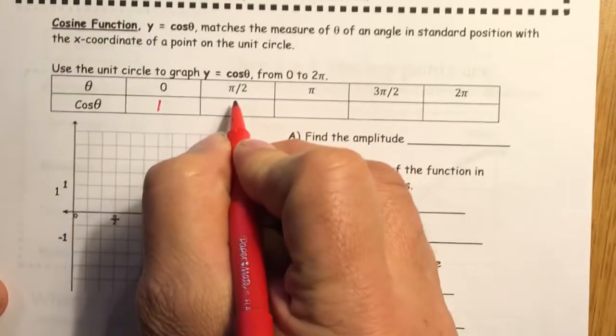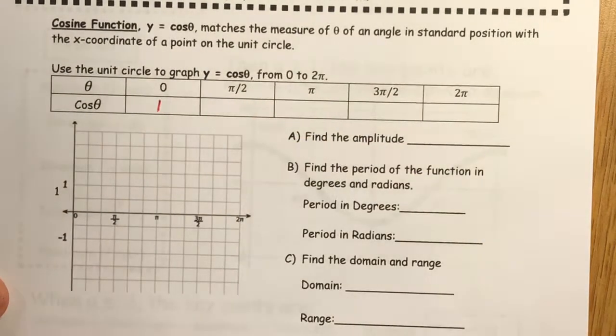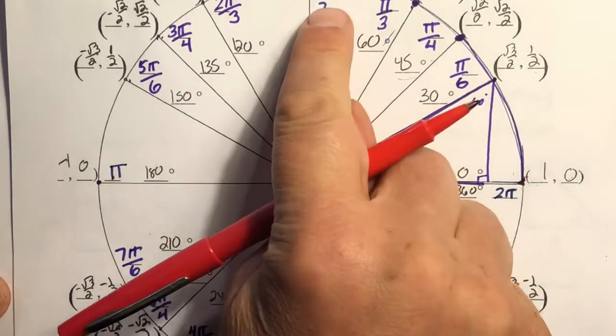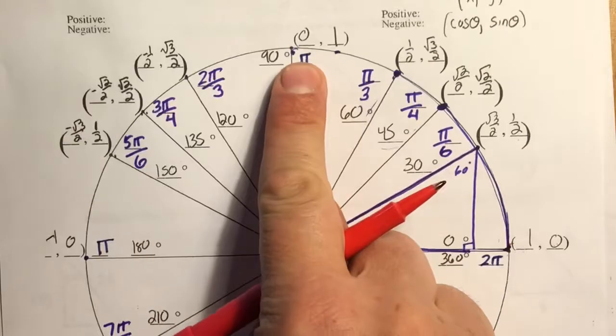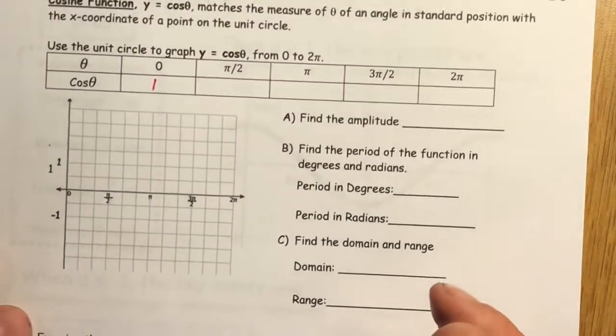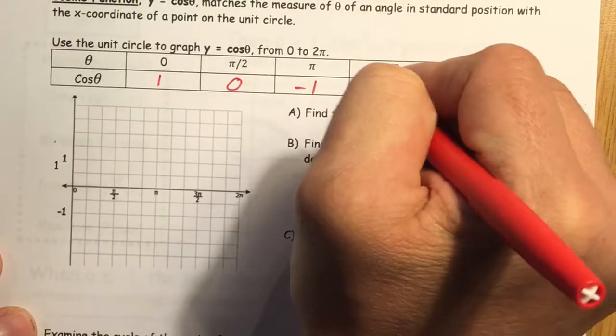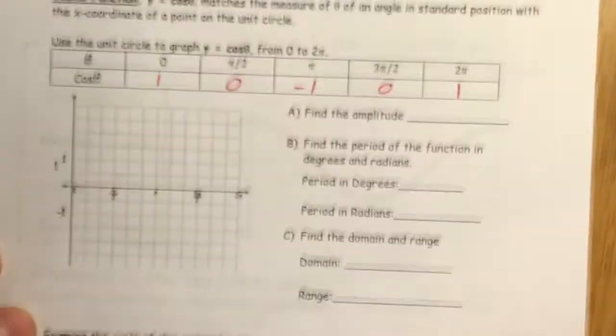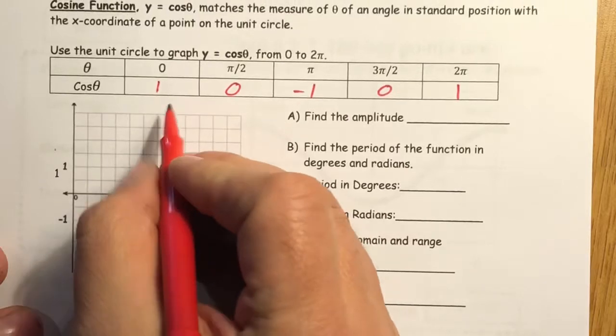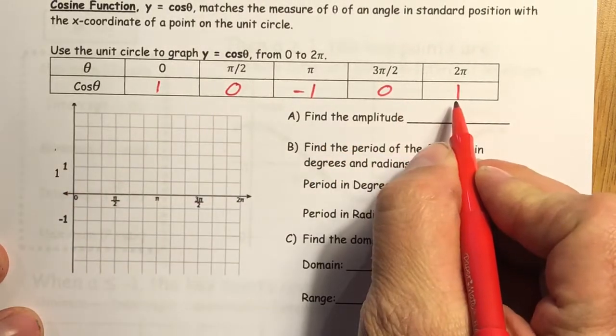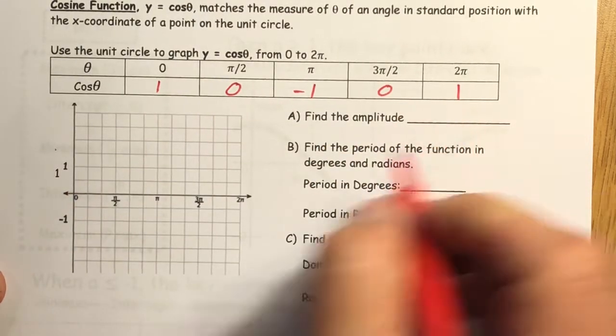Pi over 2, if you're looking at your unit circle: if I go over pi over 2, the x coordinate is 0. Then -1, 0, and 1. If you want to look back at your sine functions, you can see how they differ.